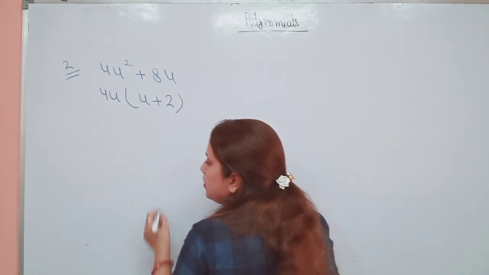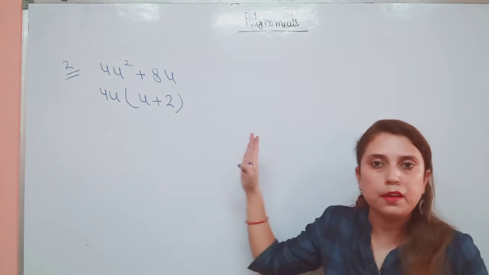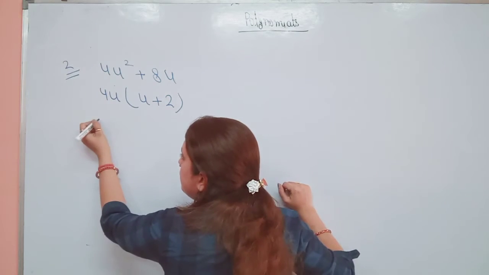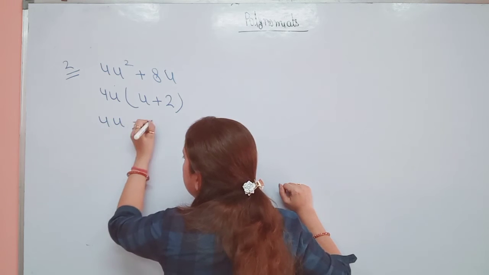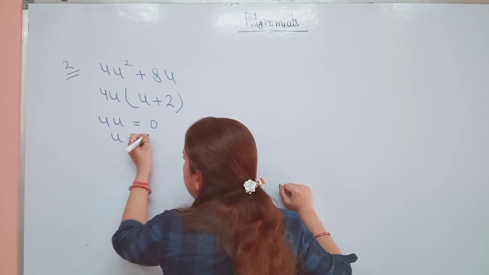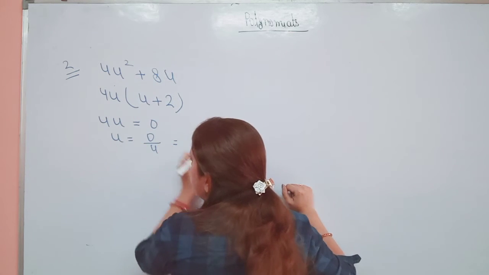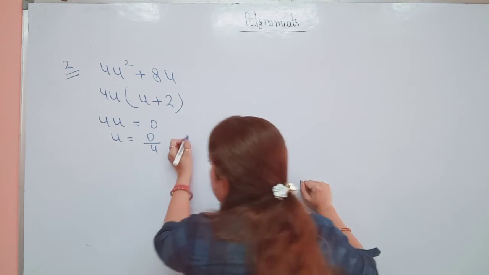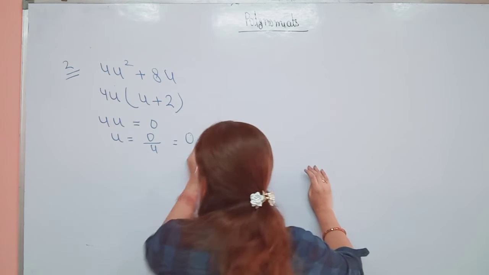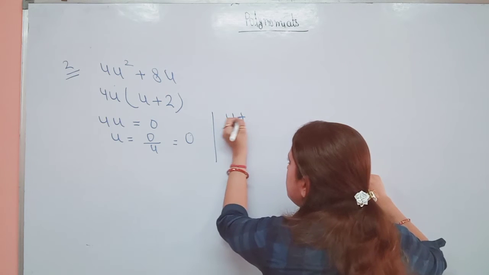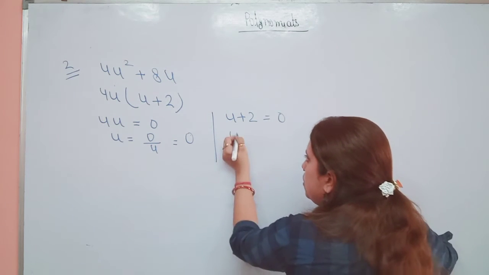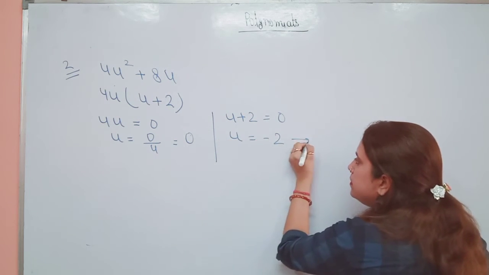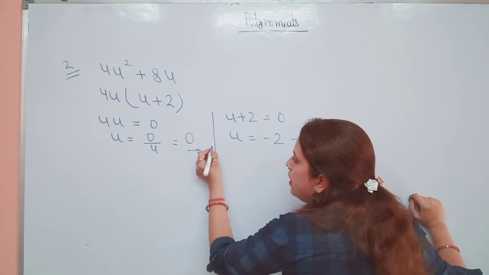Okay, so find the zeros. How to find the zeros? Equate with 0. 4u is equal to 0. So u is equal to 0 by 4, which means 0. One value of u is 0, other u plus 2 is equal to 0. So u is equal to minus 2. Let this be beta and this be alpha.